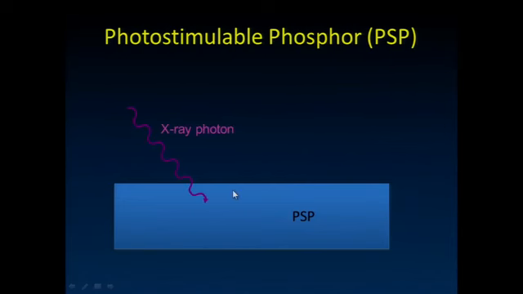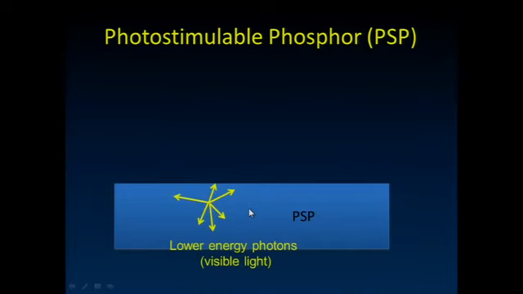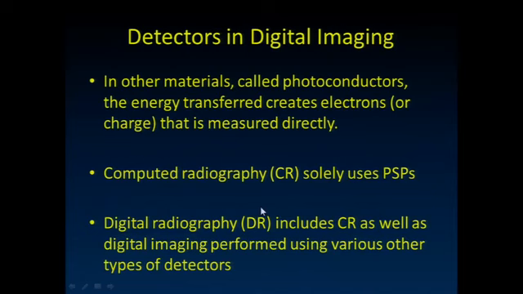X-ray energy comes in, it moves some of those electrons from the inner to the outer band, and they stay there fairly stable. Then we can use a laser light to stimulate that region on this phosphor, and lo and behold, we get this production of a lot of lower energy photons, visible light.